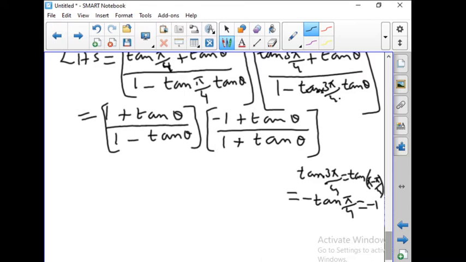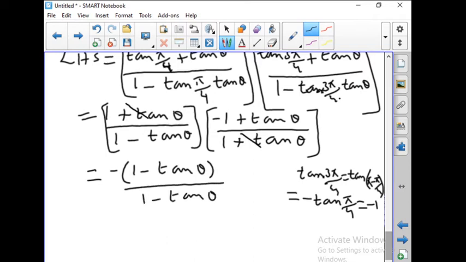So now this 1 plus tan theta and 1 plus tan theta get cancelled. And this minus 1 plus tan theta, we can also write it as minus, take it out, so 1 minus tan theta divided by 1 minus tan theta. So both get cancelled. It is equal to minus 1. So that is the right hand side. So hence we have proved.